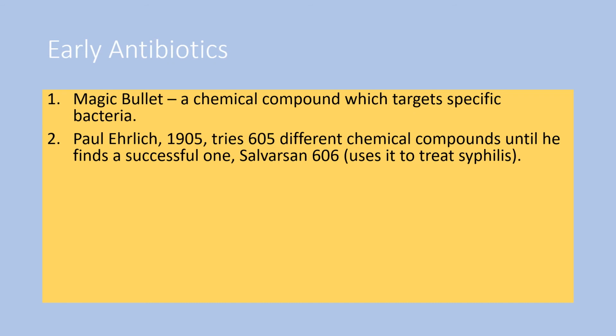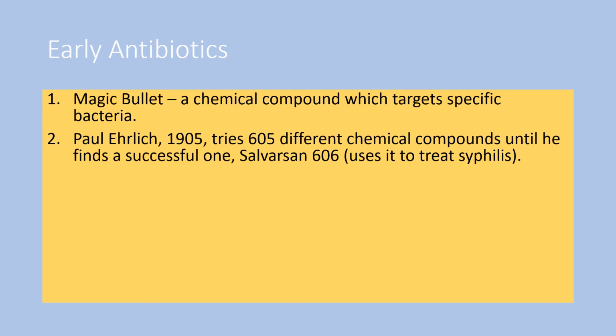And he comes up with a magic bullet, an early antibiotic to treat the bacteria for syphilis, a sexually transmitted illness, and it is called Salvarsan 606. And the reason that it's called Salvarsan 606 is because they did 605 different chemical compounds until they found the right one. So as I always say, if at first you don't succeed, try 605 times and you should hopefully come up with the right one.